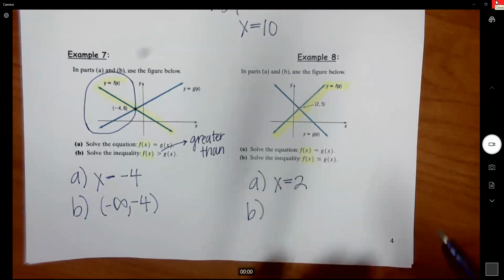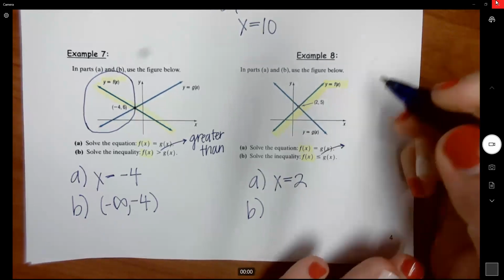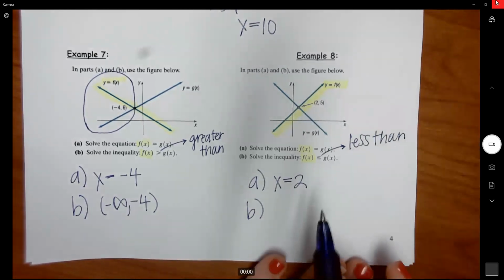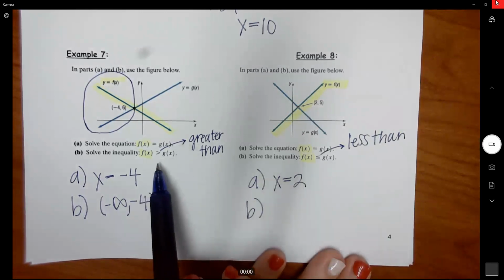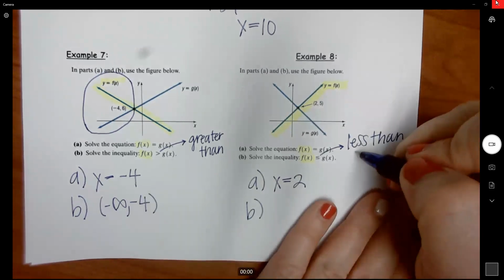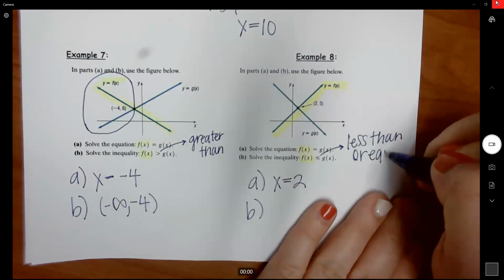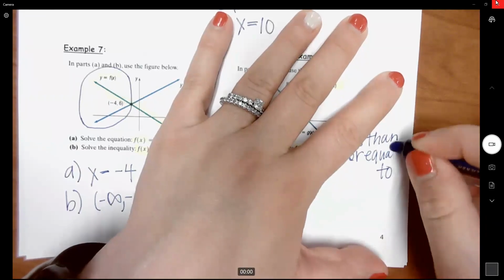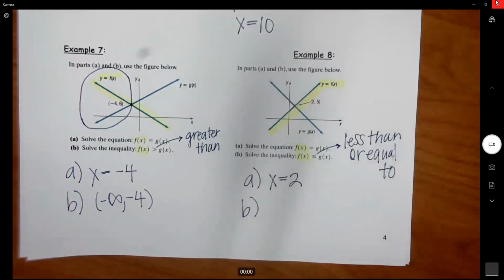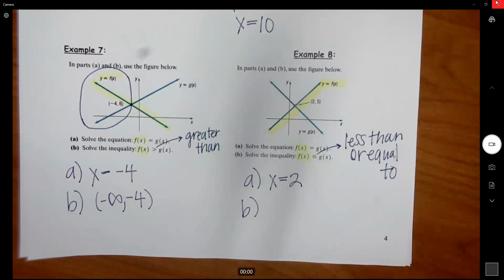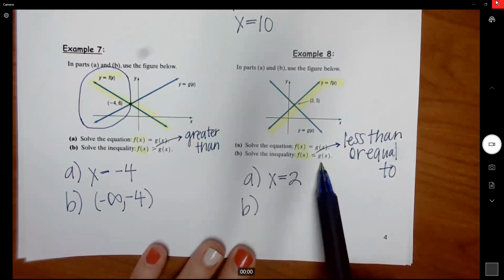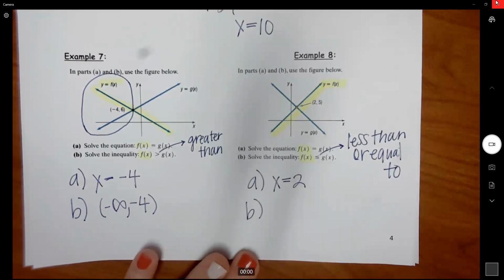This time here, I want to know when f of x, this symbol here, means less than. And because this one has a line under it, see, this one didn't, it means less than or equal to. Okay, so now I want to know, when is my f of x function less than or below my g of x?